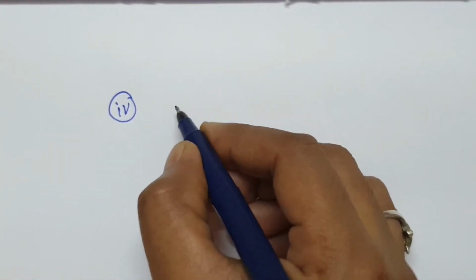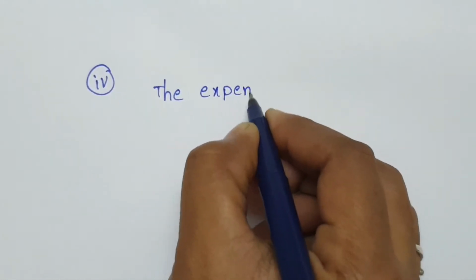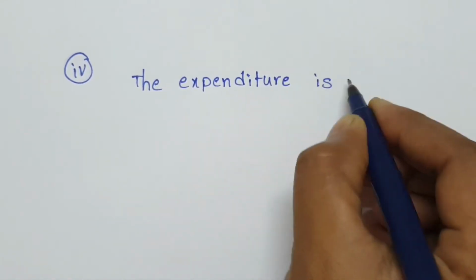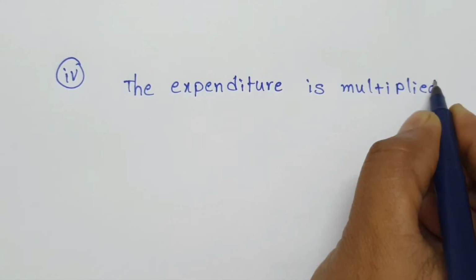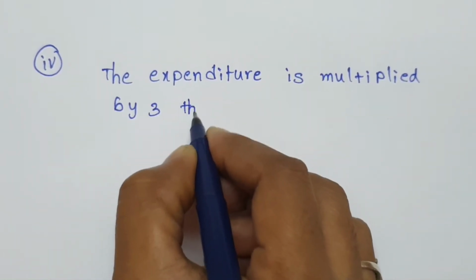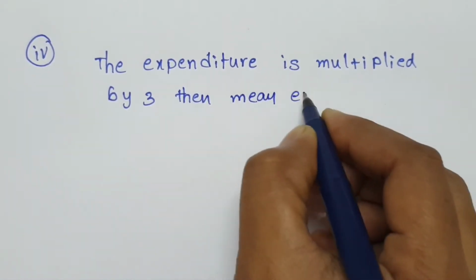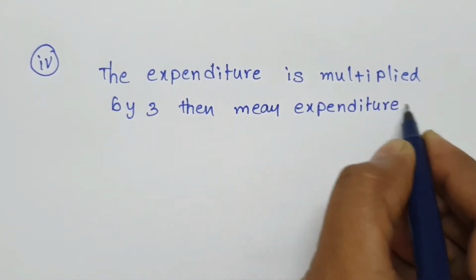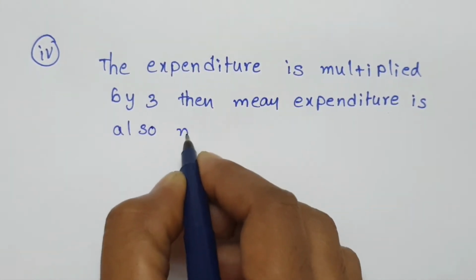And last, fourth question: if the expenditure is multiplied by 3, then the mean expenditure is also multiplied by 3.